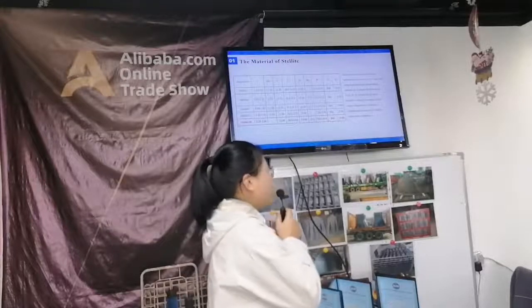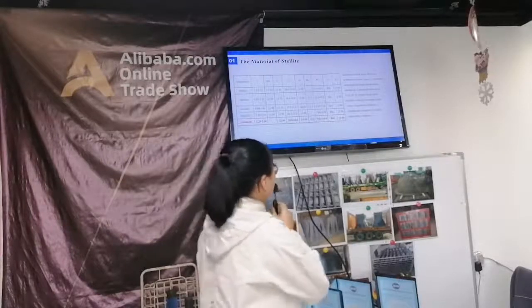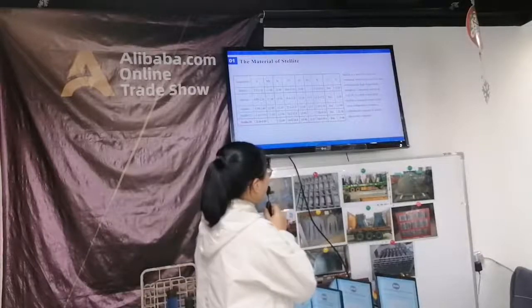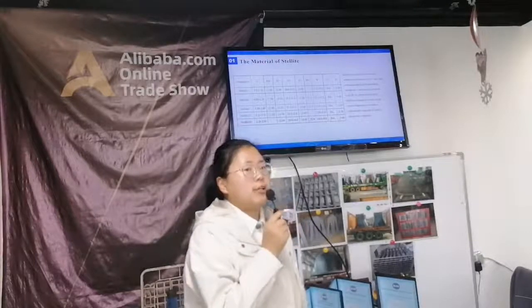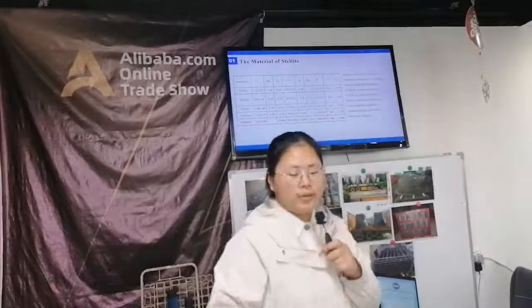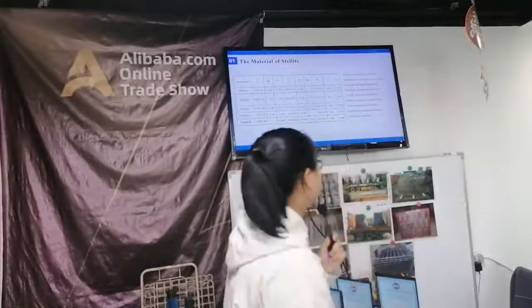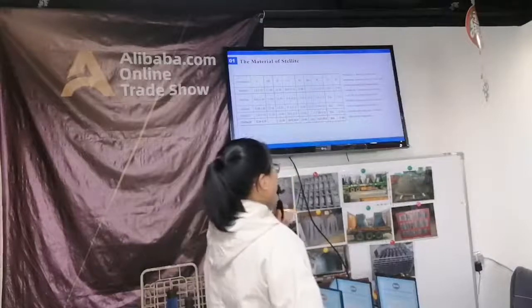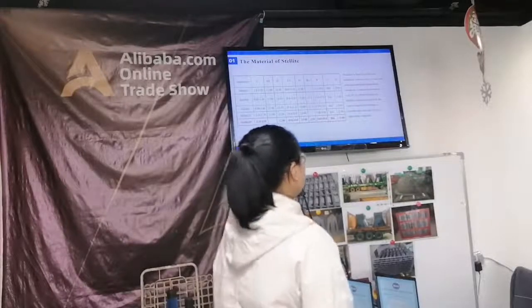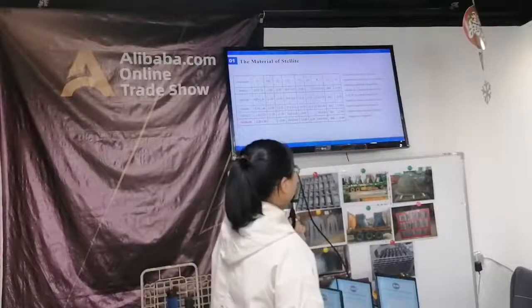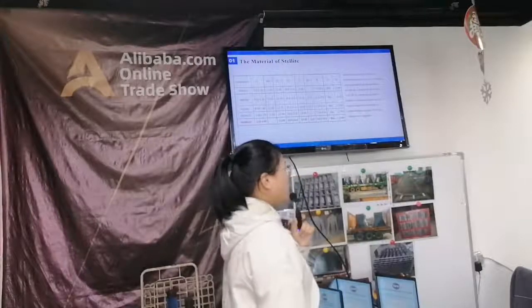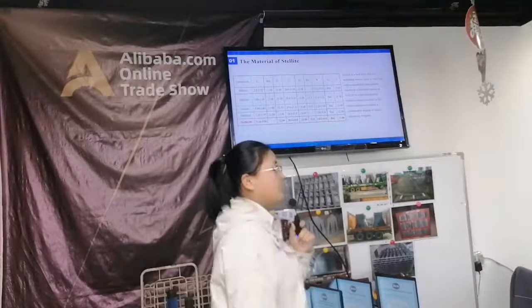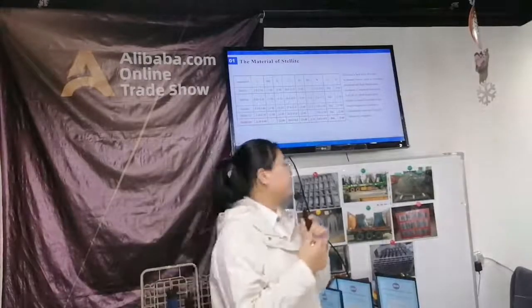Chromium is 29 to 33%. Nickel is less than 3.0%. Tungsten is 11 to 14%. Iron is less than 3.0%, and the cobalt is balanced.